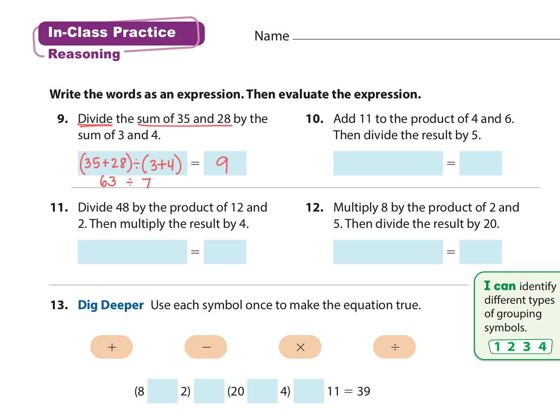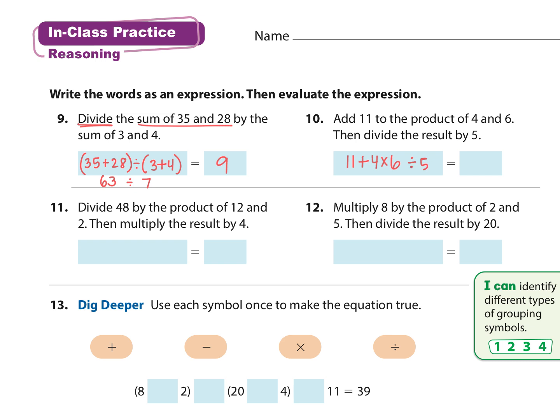Okay, number 10. Add 11 to the product of 4 and 6. So I would do 11 plus 4 times 6. And it says, then divide the result by 5. Divide by 5. Okay, but will all of this work?